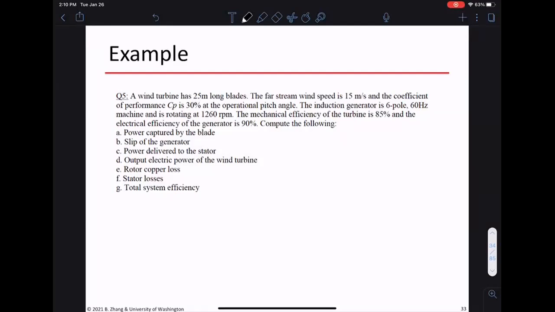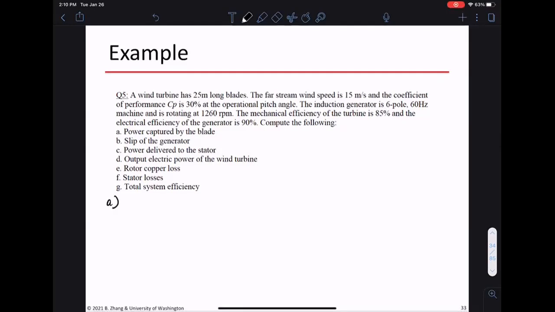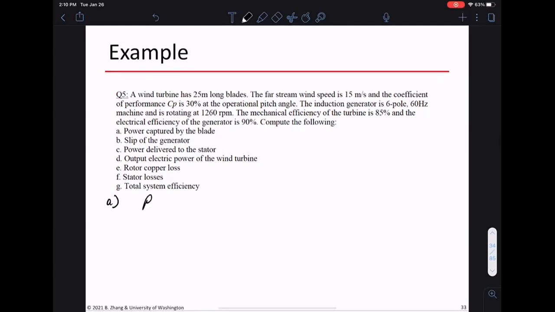Let's go through this equation. Let's first do the power captured by the blade. In part A, the wind power, P_W, is half rho times the area of the blade times the wind speed cubed.